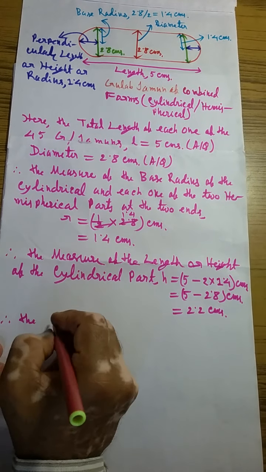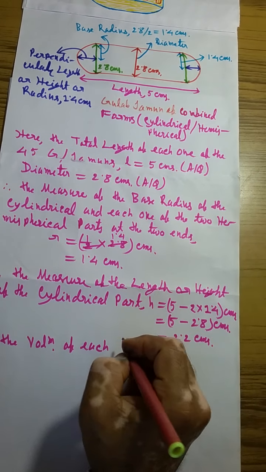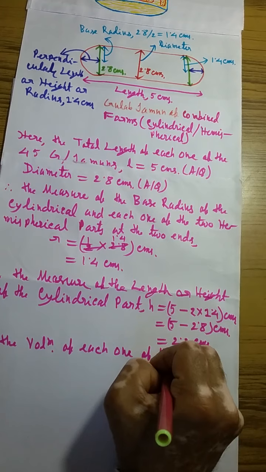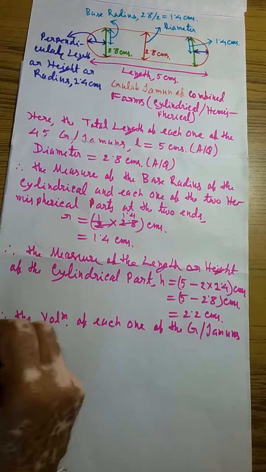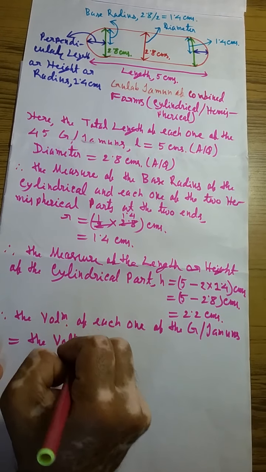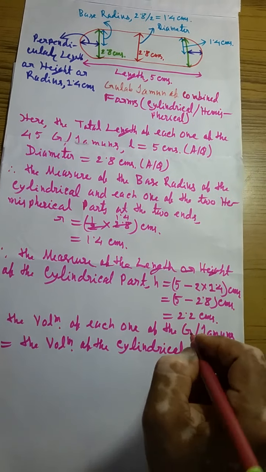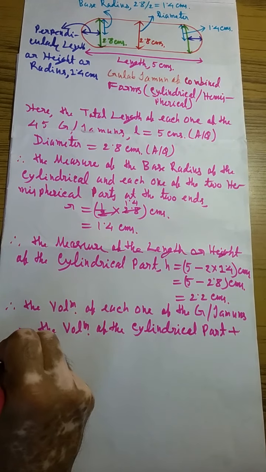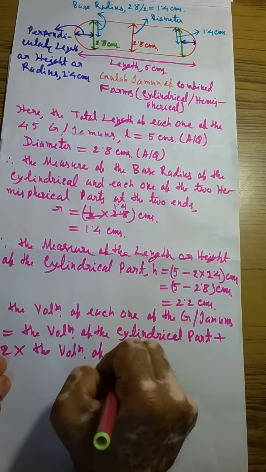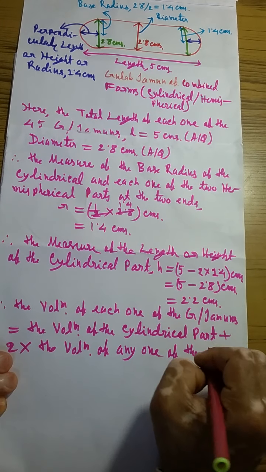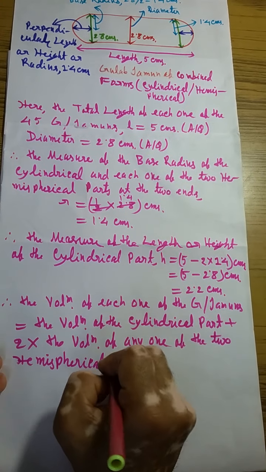Therefore the volume of each one of the gulab jamuns is equal to the volume of the cylindrical part plus 2 into the volume of any one of the two hemispherical parts.